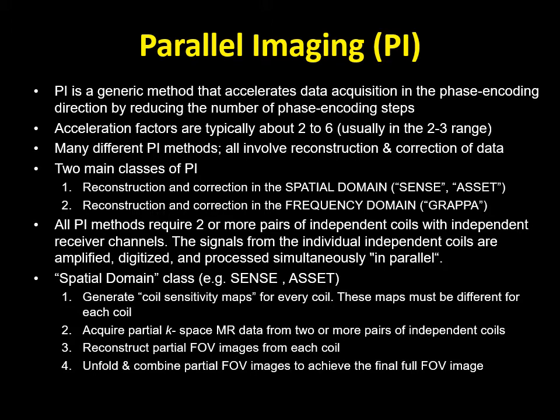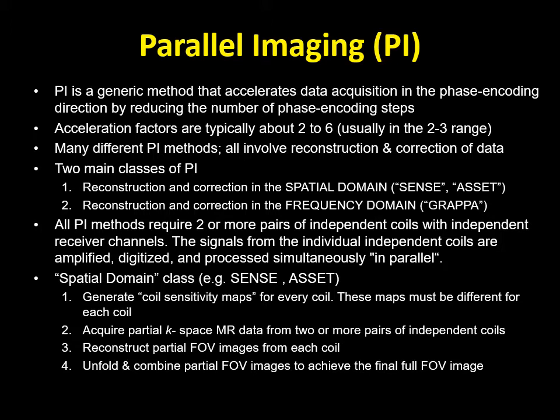Many different parallel imaging methods exist. All involve reconstruction and correction of data. There are two main classes of parallel imaging. The first is reconstruction and correction of the data in the spatial domain. Examples are SENSE and ASSET. And the second is reconstruction and correction in the frequency domain.